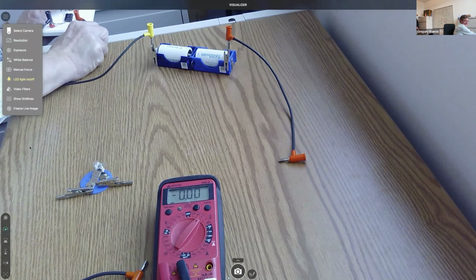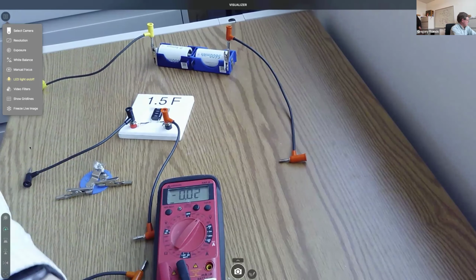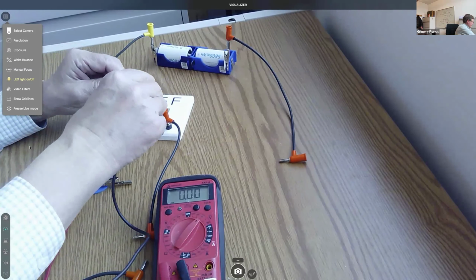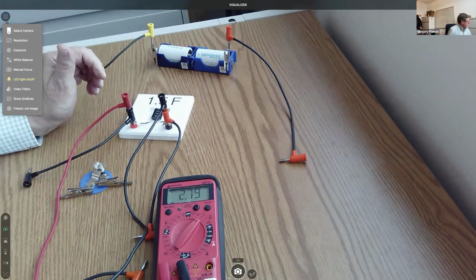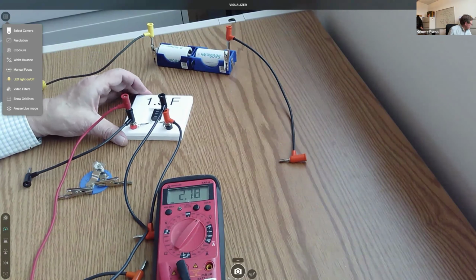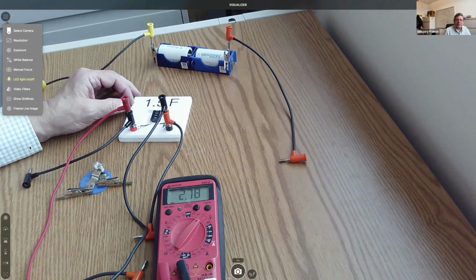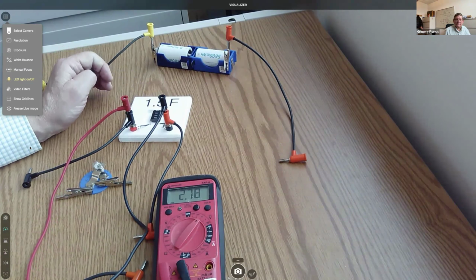Okay, and then we're going to measure the voltage across that. And lo and behold, it's still got volts across it. Now it seems like this particular capacitor has a little bit of a bleeding circuit in there so that when it's on the shelves for a long time, it slowly discharges itself.